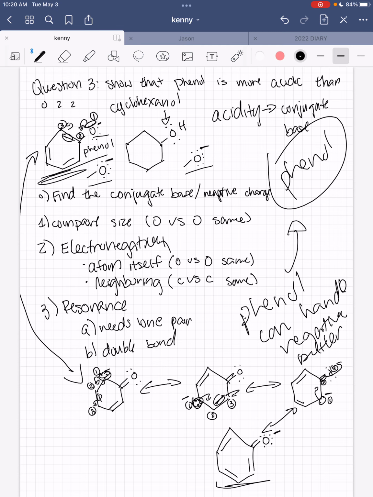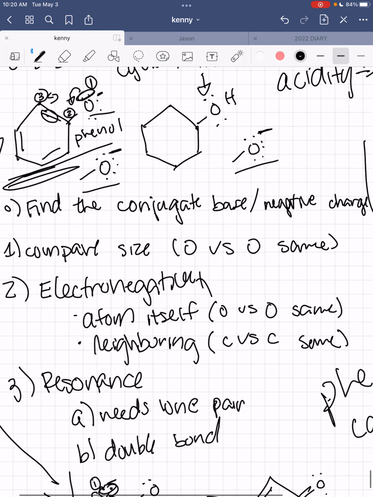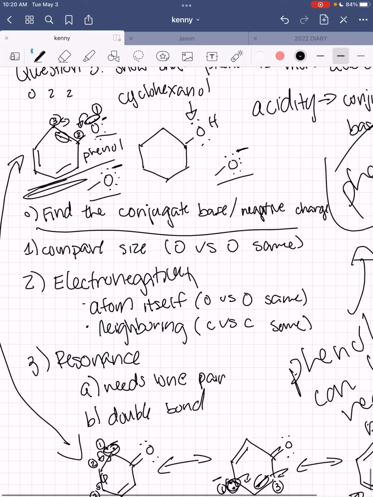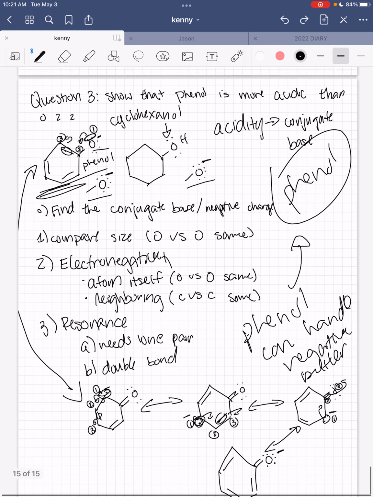Just a quick recap. You first find the conjugate base and negative charge by removing the hydrogen. Then you compare the size of the atom with the negative charge, and then you compare the electronegativity of the atom itself and then the neighboring atom, which in this case is carbon in both, so it's the same. And then you do resonance.